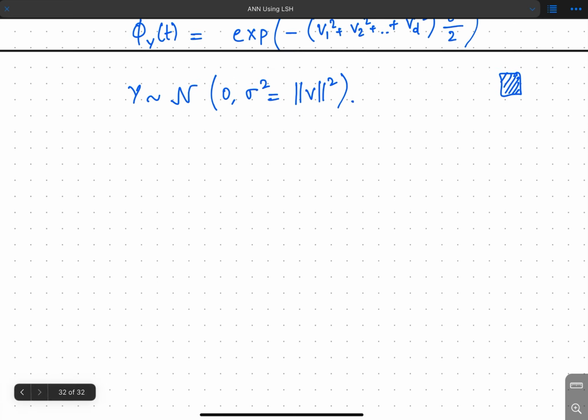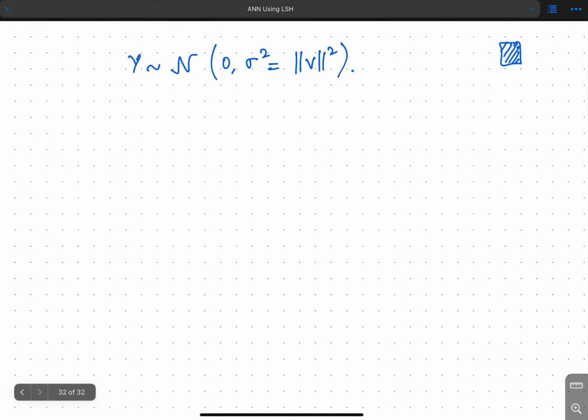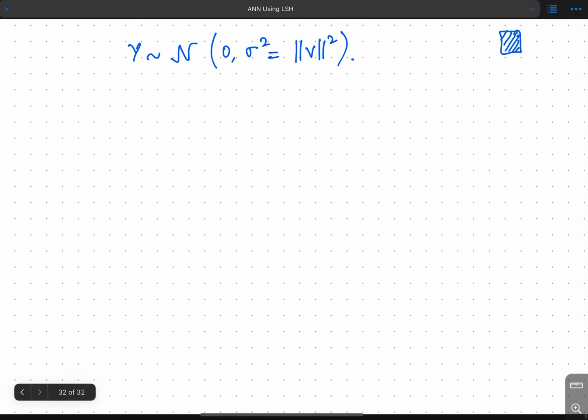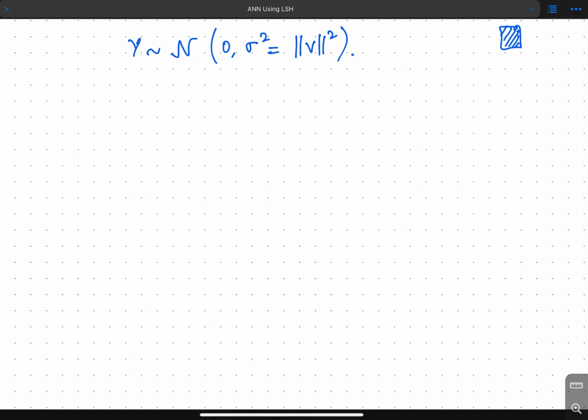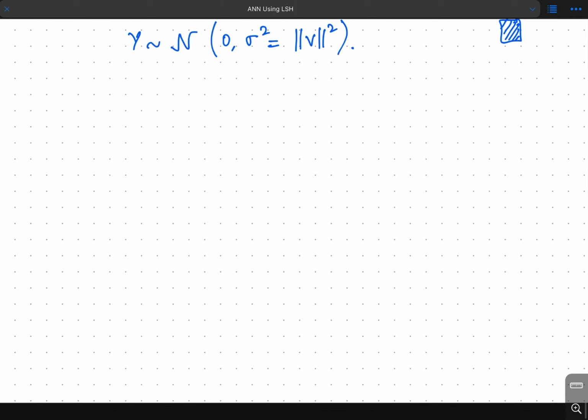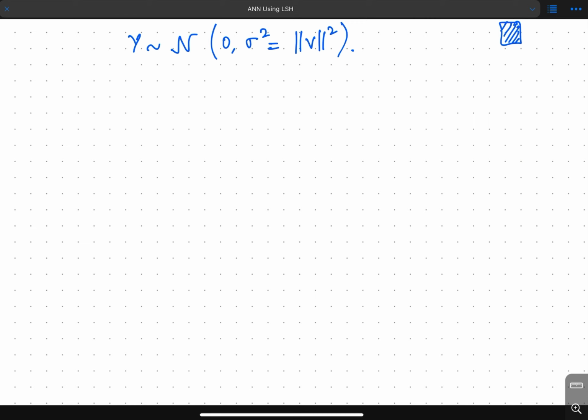Okay, so we will be using this lemma to come up with a locality sensitive hash family for the Euclidean metric.